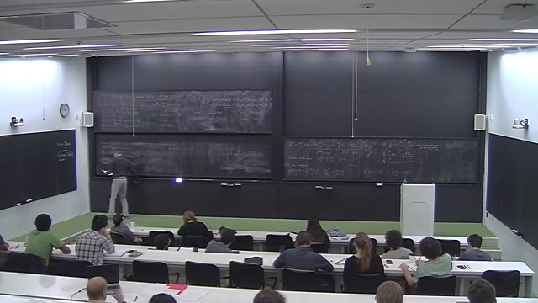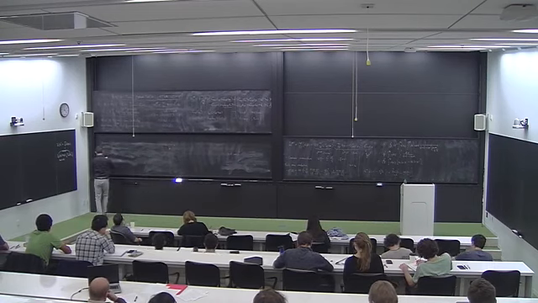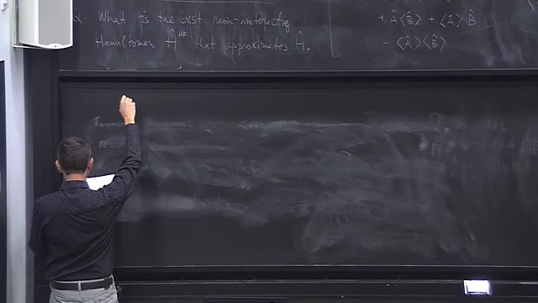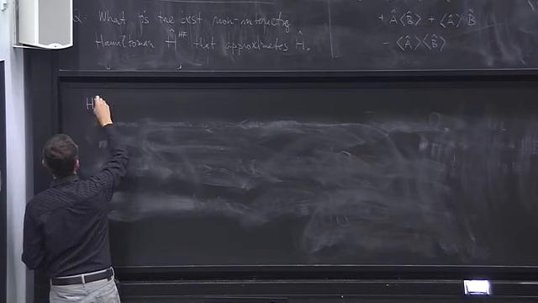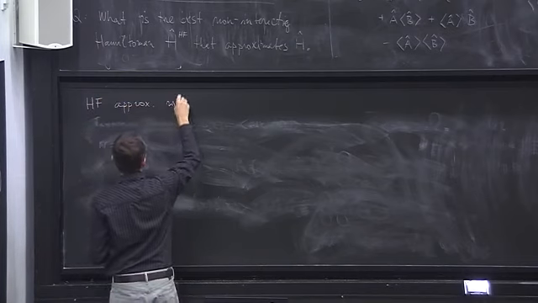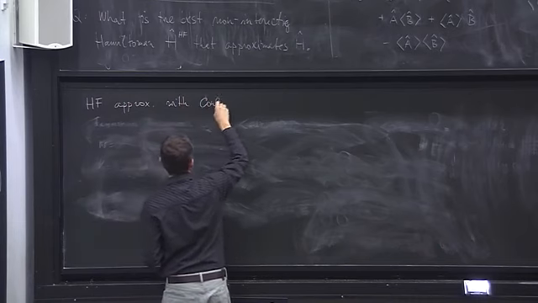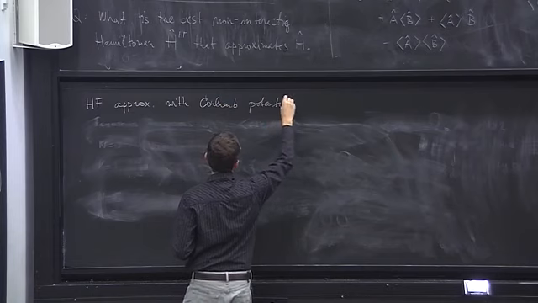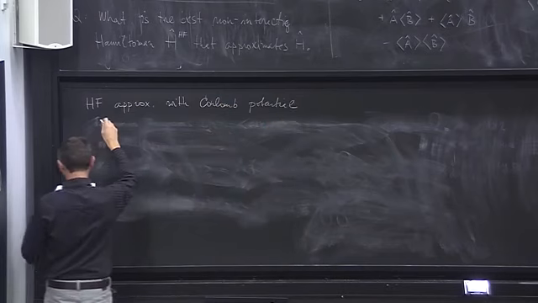So the final result for Hartree-Fock in Coulomb potential looks like this.